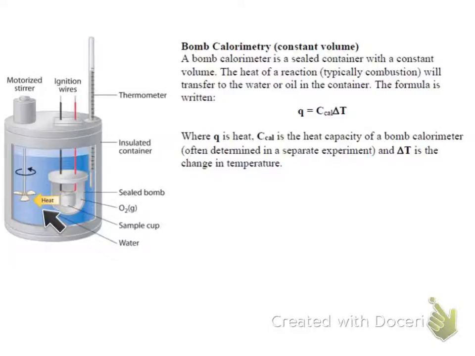The change in temperature allows you to measure how much heat comes from the substance. So here again, the equation is Q, which is heat, is the calorimeter constant times the change in temperature. And the calorimeter constant has to be determined experimentally for each calorimeter, and that's usually given in the problem.